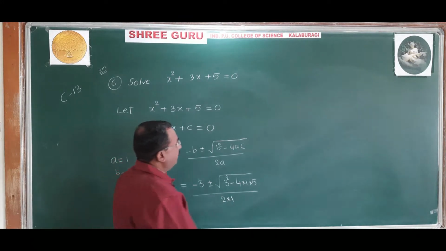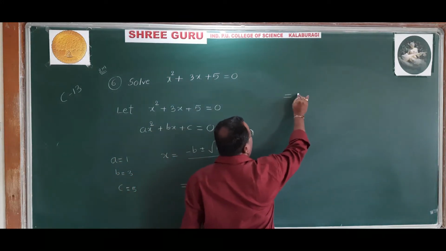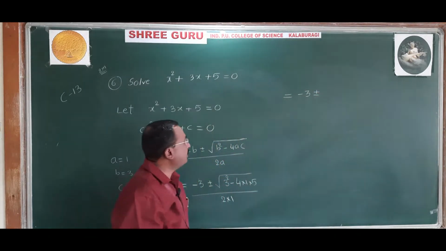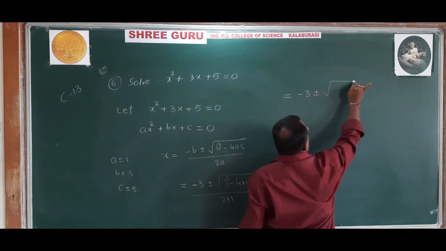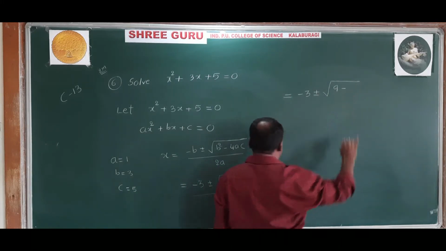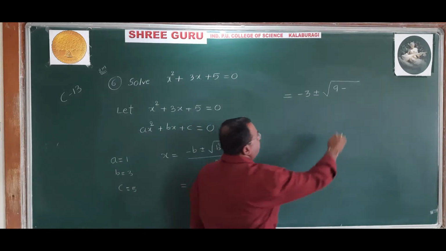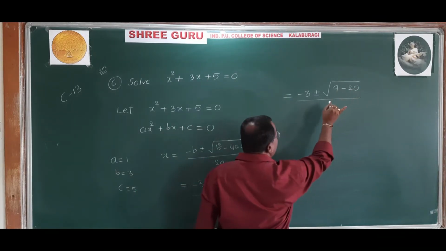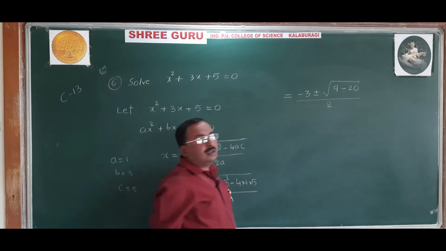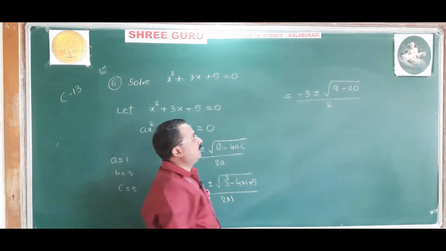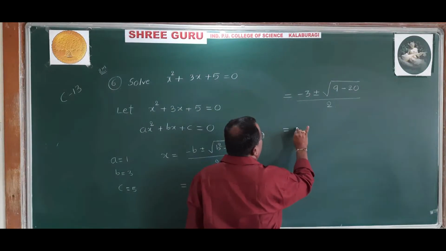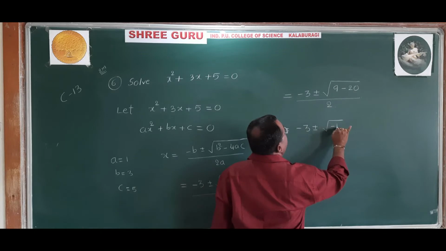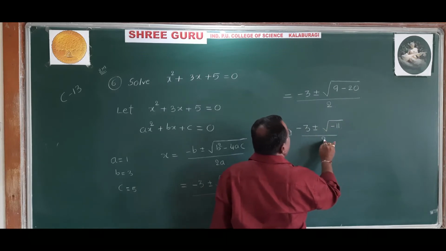That is, here the value is minus 3 plus or minus square root of 3 square is 9 minus 4 into 5, 20, divided by 2. 9 minus 20 is what? Minus 11. Minus 3 plus or minus root of minus 11 divided by 2.